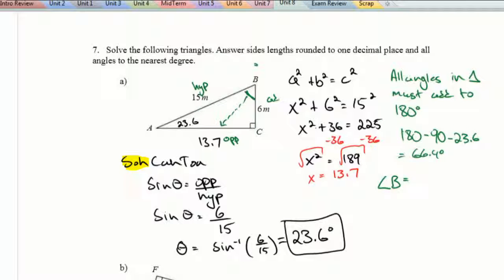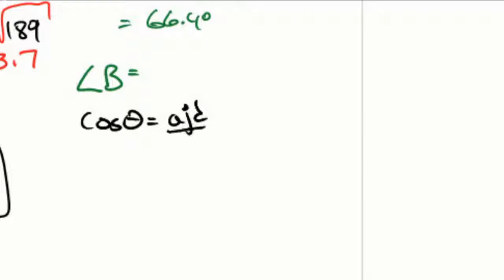This is the adjacent. So I could use trig to find it as well. I have the hypotenuse, I have the adjacent. So if I were to take the cosine of my angle, I would have the adjacent side divided by the hypotenuse.